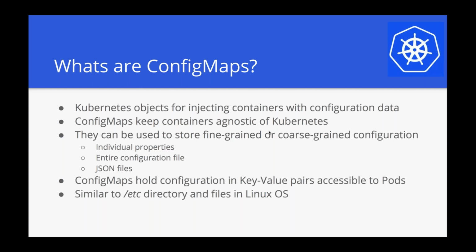For example, one idea could be to leverage the etcd distributed key value store that Kubernetes relies on. It's not a bad idea to use the same for storing some configuration required by your applications. But that actually means refactoring your application to make sure that it understands how to talk to etcd.